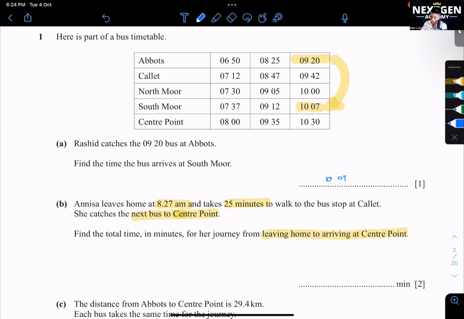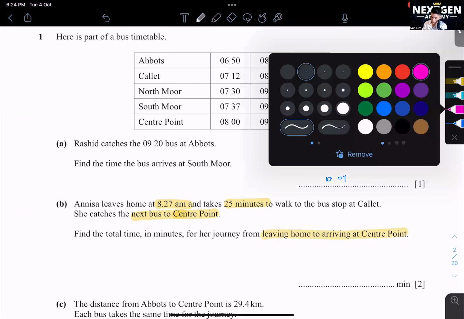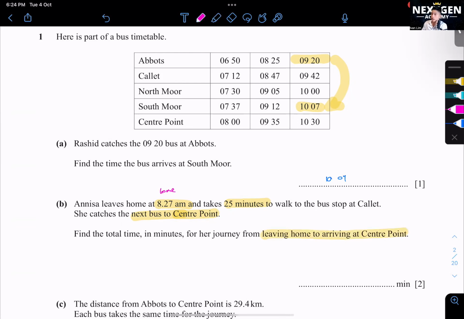This is the home time, where she leaves her home at 8:27 a.m. She takes 25 minutes to walk to the bus at Kellett. So we need to calculate what is the time that she reaches Kellett first.